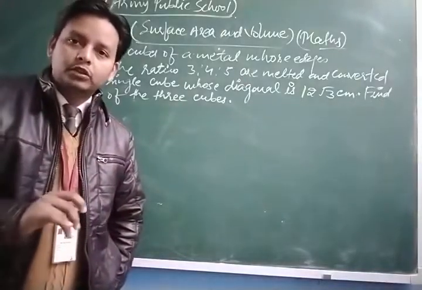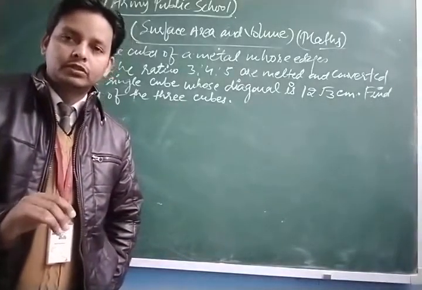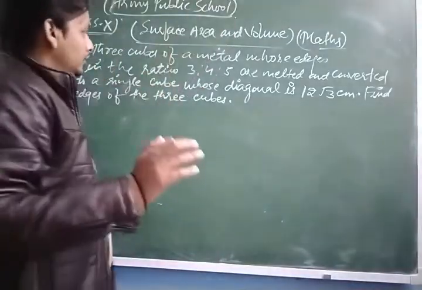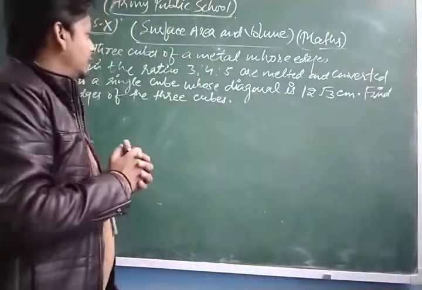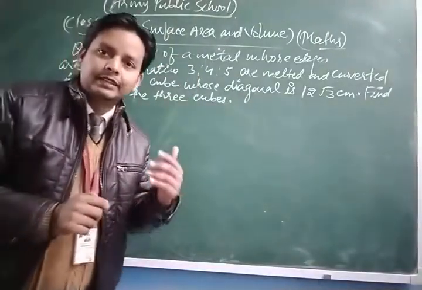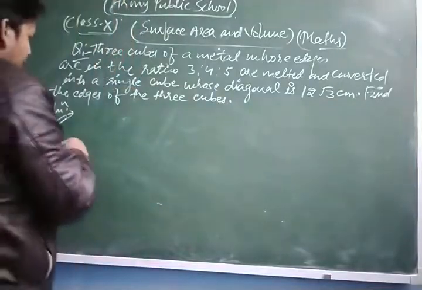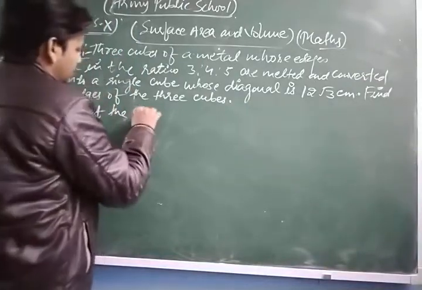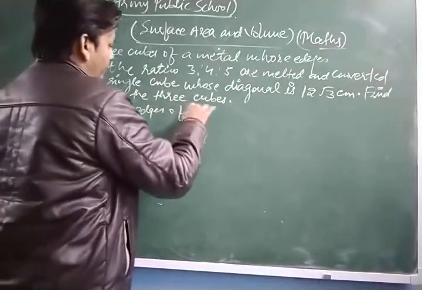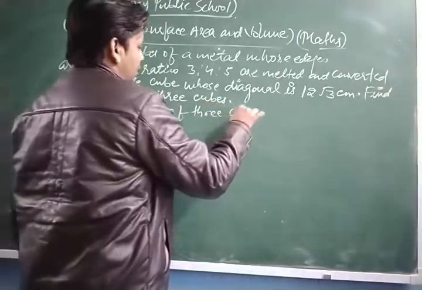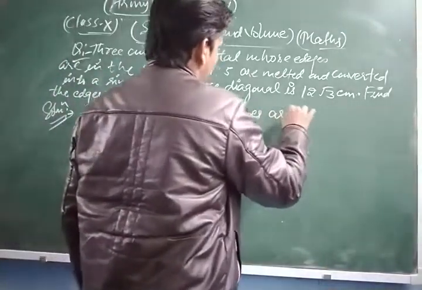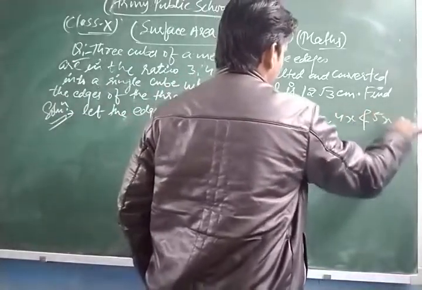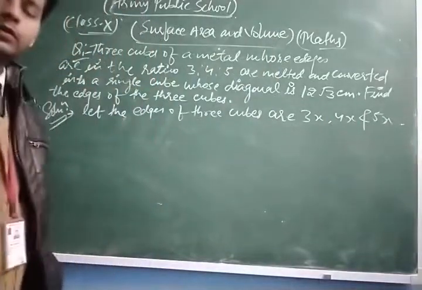Dear friends, this is a very important question based on the conversion of solids. Let's see what the process is to solve this type of question. Here 3 cubes of a metal whose edges are in the ratio is given. First of all, we take the edges of the 3 cubes to be 3x, 4x and 5x respectively.